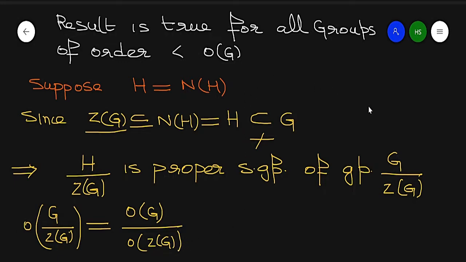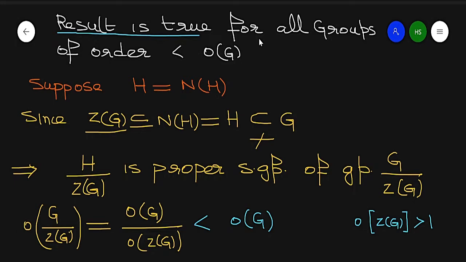Now, the given group is a group of order p raised to power n. Then the previous result shows that the order of the center of G is always greater than 1. If it is always greater than 1, it means this is less than the order of G. Now by the induction assumption, our result is true for all groups of smaller order.